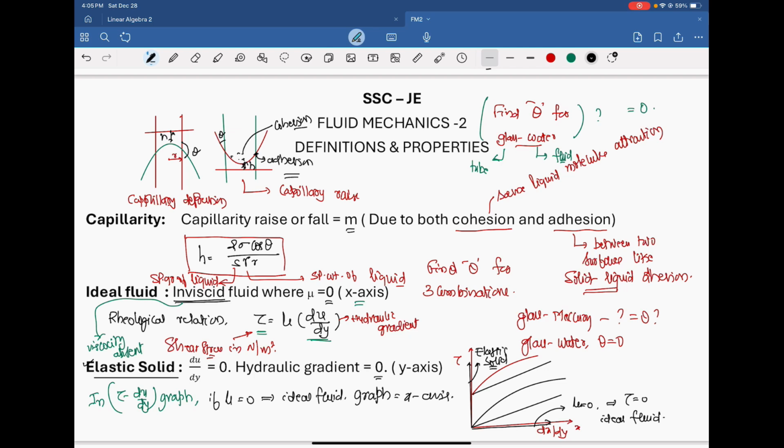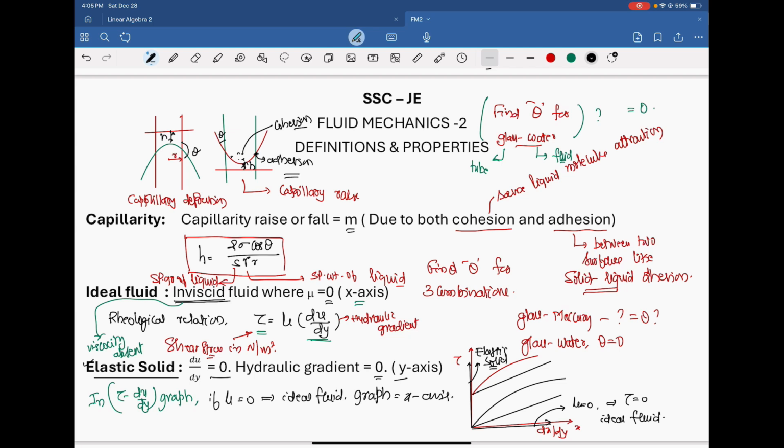The y-axis is the elastic solid, the x-axis is the ideal fluid, and for the other graphs like thixotropic, plastic, Newtonian, non-Newtonian, I will explain in the next class.